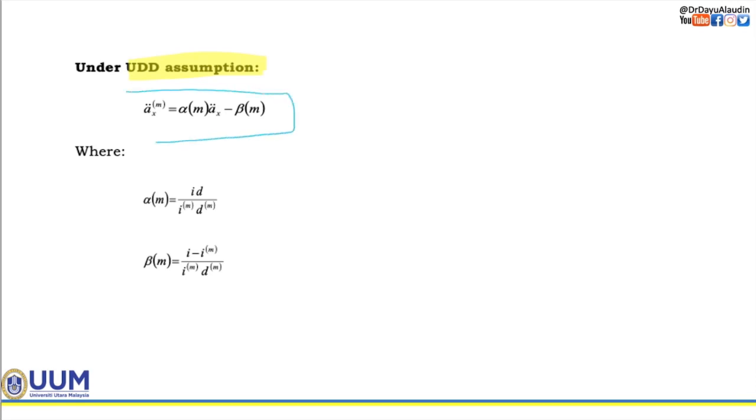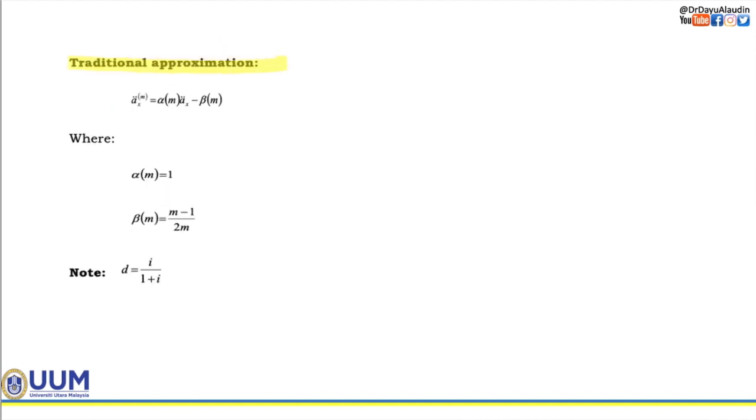The difference between UDD and the traditional assumption is only how to find alpha(m) and beta(m). The alpha(m) for UDD is this one and beta(m) is this one. So we use d here. d is for the discount. So how to find the discount? The discount is i over 1 plus i.